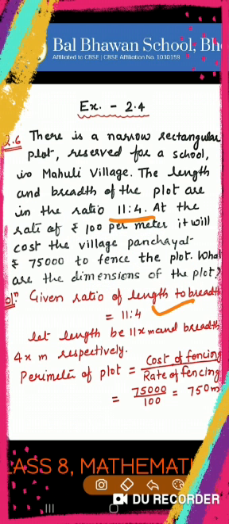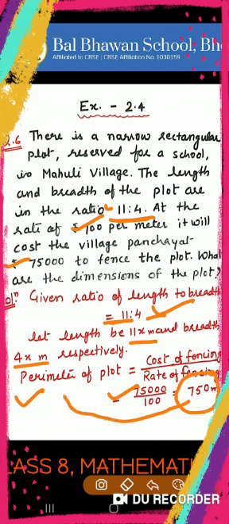Then, as the ratio is 11:4, length will be 11x meters and breadth will be 4x meters respectively. As I told you, whenever the cost and rate are given, we have to divide them. So when we divide 75,000 by 100, we get 750 meters, which is the value of the perimeter of the plot.